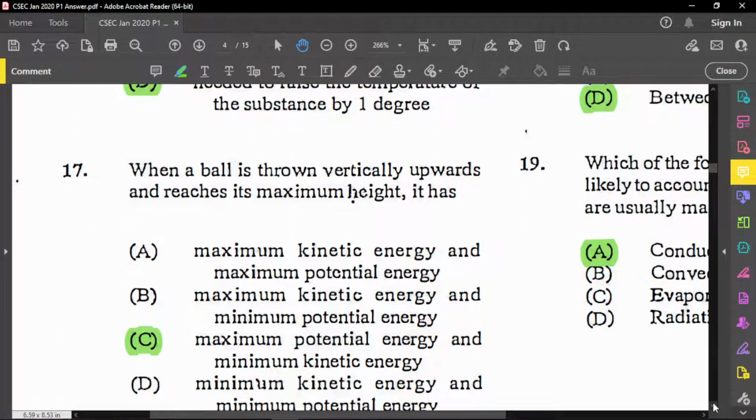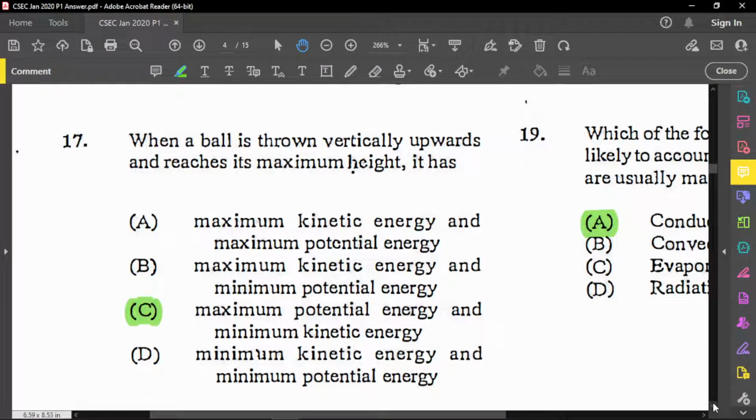Question number 17 said: when a ball is thrown vertically upwards and reaches the maximum height, it has what? A point to note is that when we reach maximum height, it is momentarily at rest, which means it is not moving instantaneously. A very short pause in that movement. Since there's no movement, there can't be any kinetic energy.